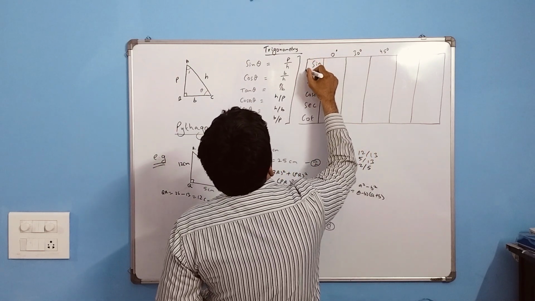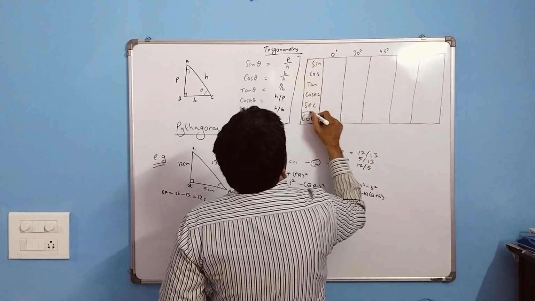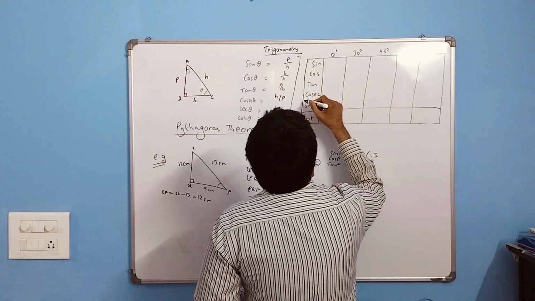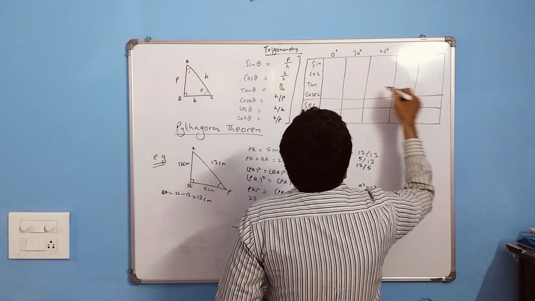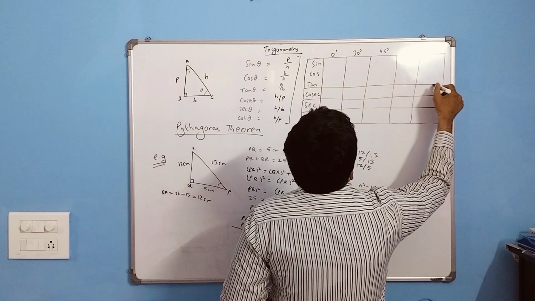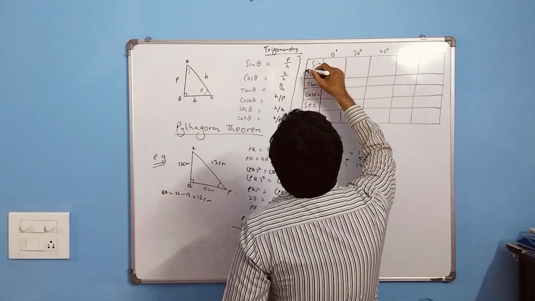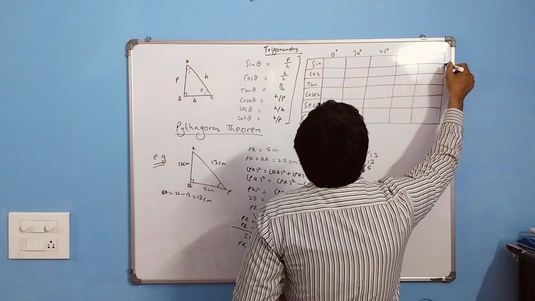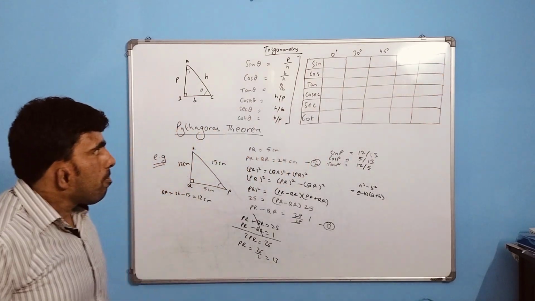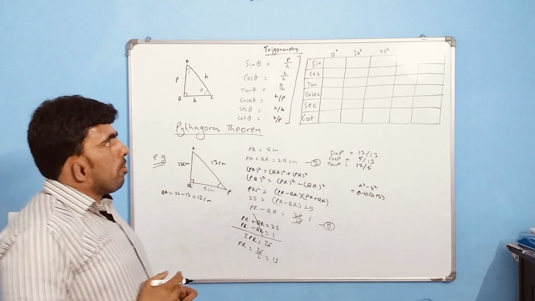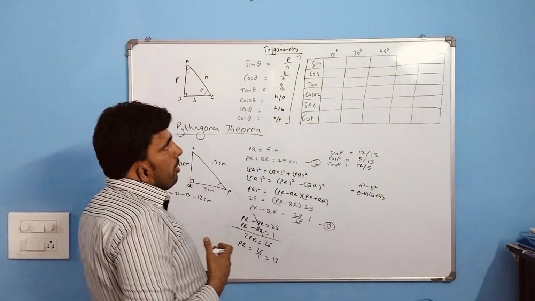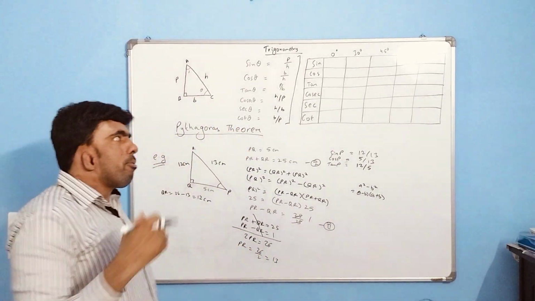It's a very easy table. Everyone can easily remember it by heart. Let us see how we are able to make it. Let us first write these values, then I will tell you how to remember this table.